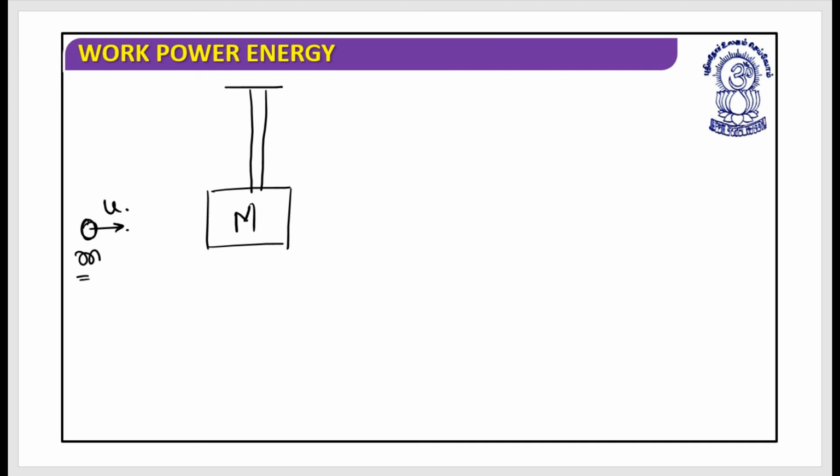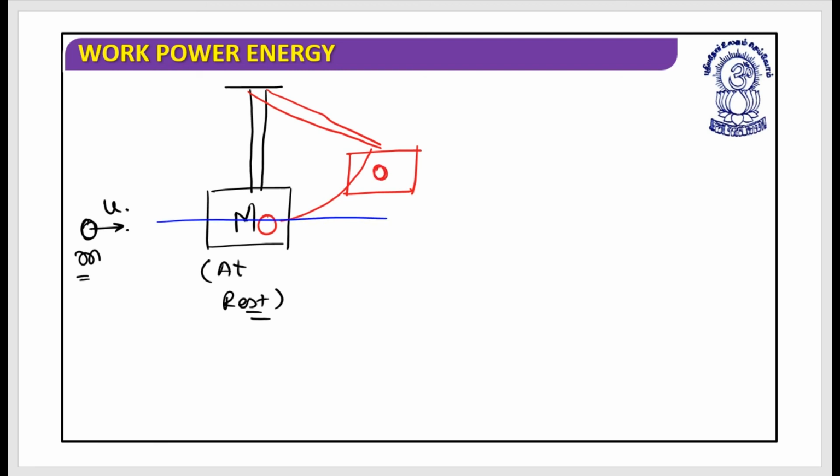This is the pendulum, and this is the bob having mass m, and initially it is at rest. Now as this bullet is going to hit it, this bullet plus this pendulum will be moving towards this. And here this is height h, which it has been raised.